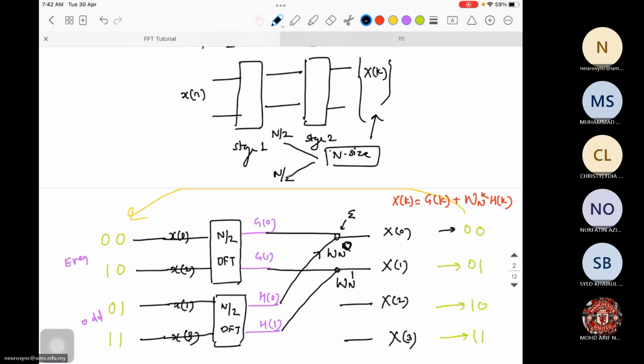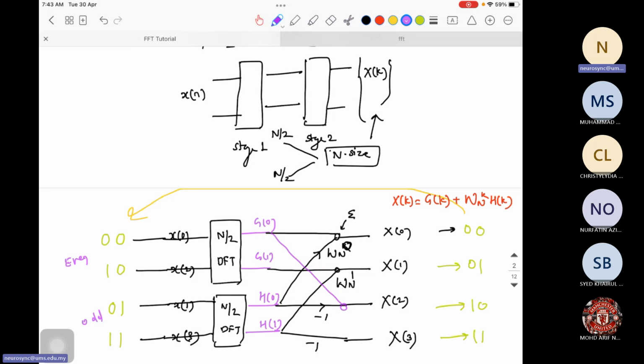So in this butterfly, this is minus 1, this is minus 1, and we will complete this butterfly structure. The first butterfly will go from this to this. So I will draw this. X of 2 is what?